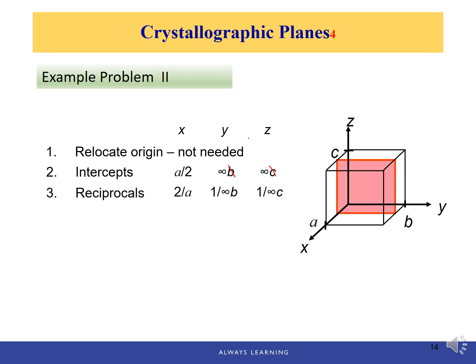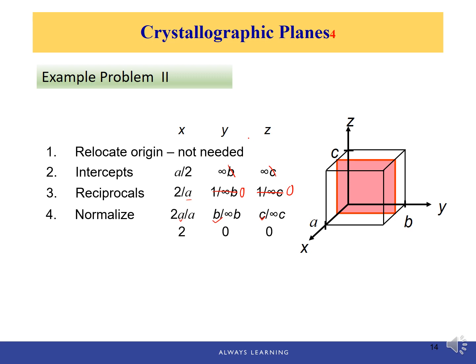Take the reciprocals. X component 2 over a, y component 0, z component 0. Step 4, we're going to multiply by a, b, and c separately. And here is the answer. Multiply by a, multiply by b, and c.